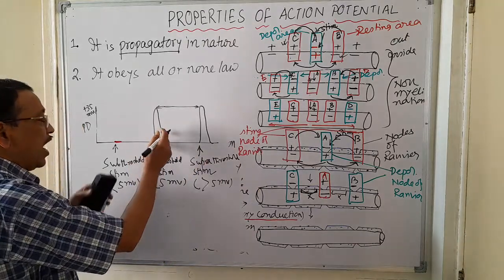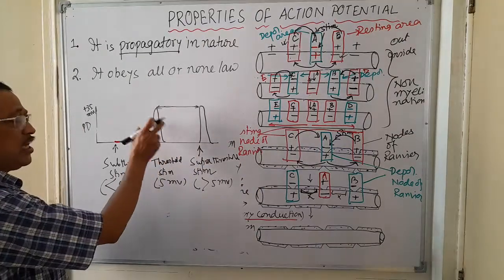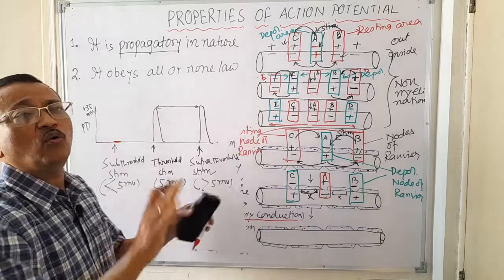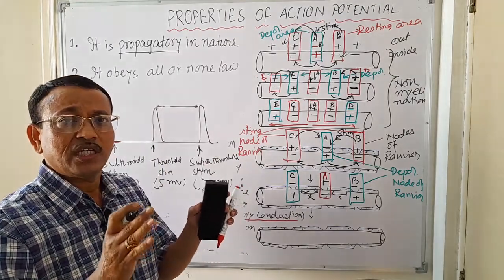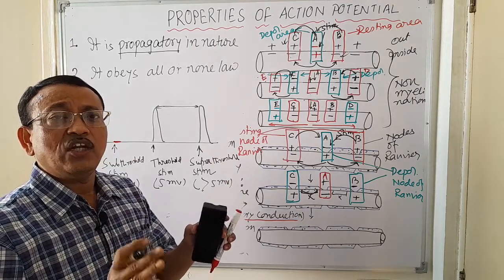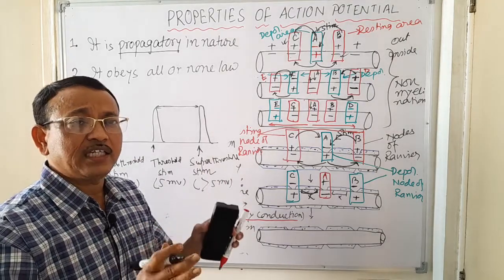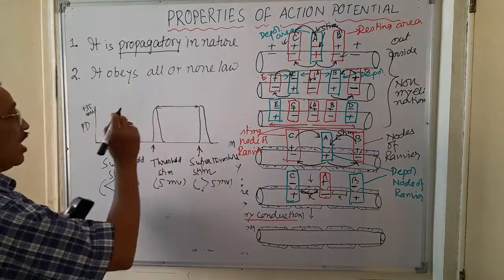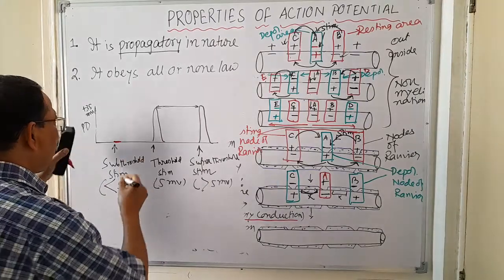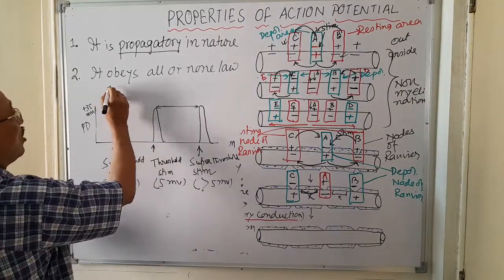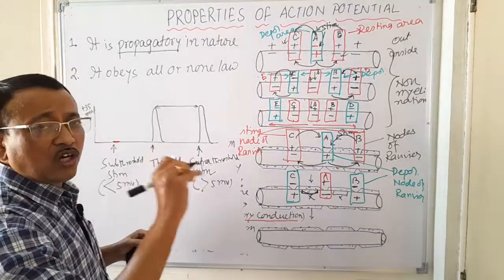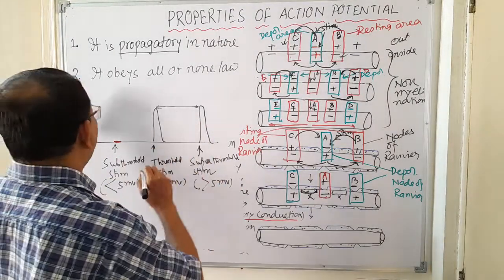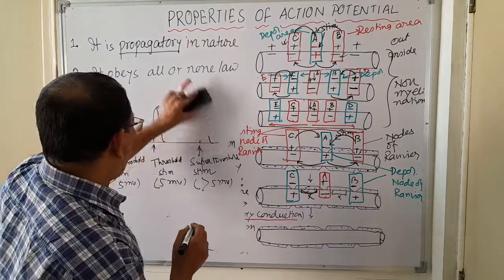So if the action potential is created, then it will always be maximal. So in response to a stimulus, either the action potential will be generated or it will not be generated. If generated, that will always be maximum. So that is known as the all or none law.